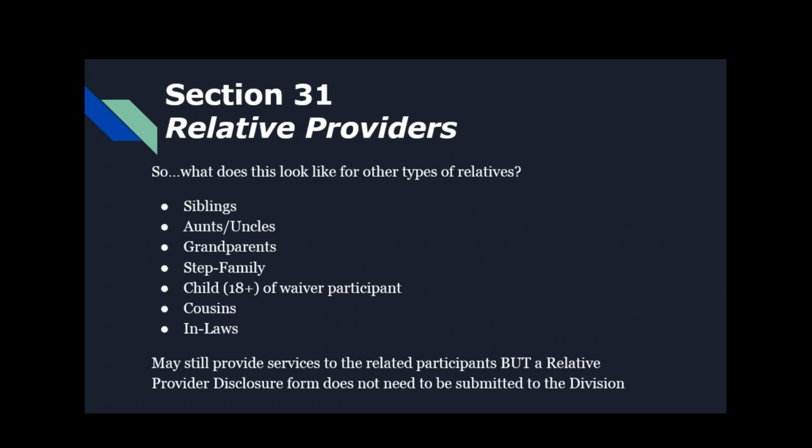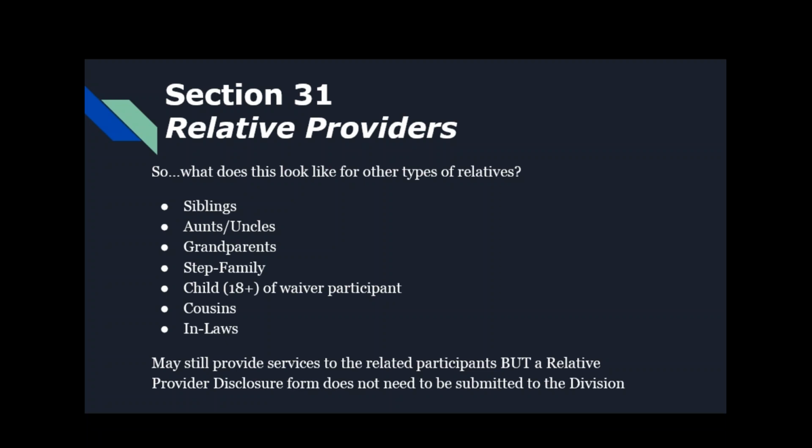Continuing on to relative providers, so what does this look like for other types of relatives, like siblings, aunts, uncles, grandparents, step-family, a child that's 18 years of age or older of the waiver participant, cousins, or in-laws? They may still provide services to the related participants, but a relative provider disclosure form does not need to be submitted to the division.